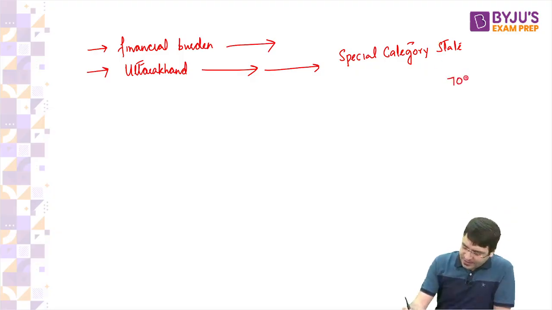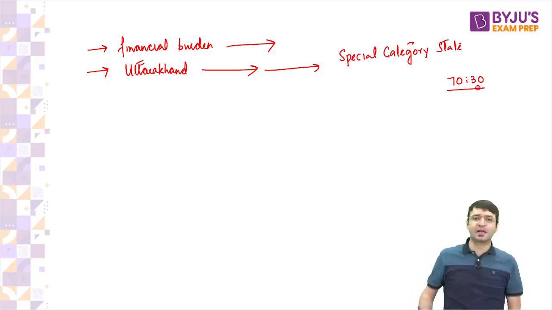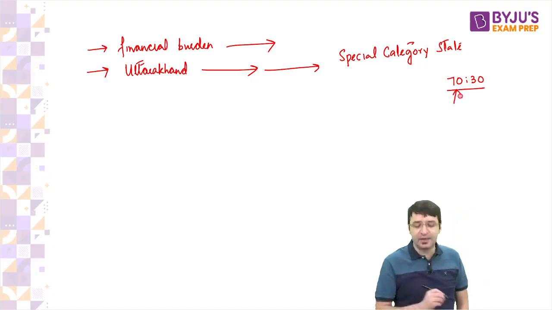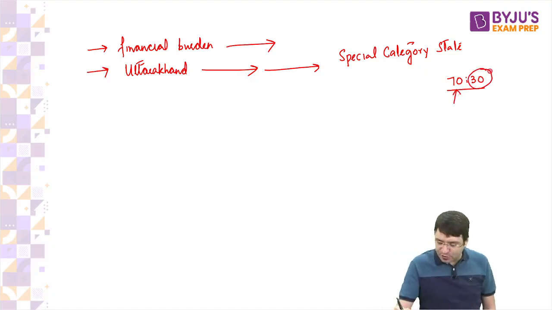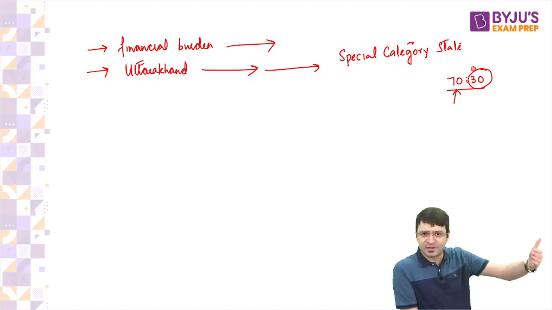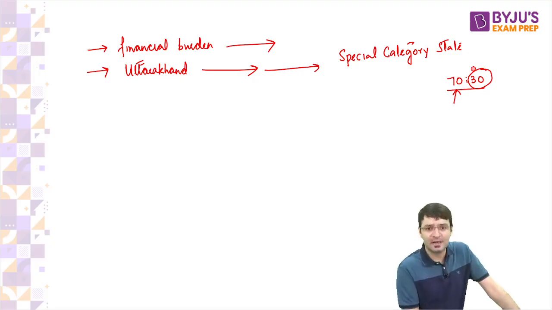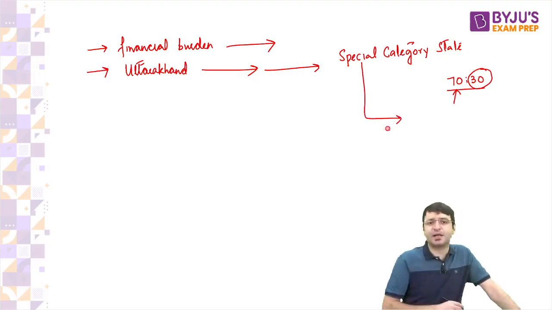For all the states, the contribution of the central government to implement that scheme is 70%, but the states will have to contribute 30% of the funds. For example, Ayushman Bharat, any centrally sponsored scheme: 70% of the funding will be given by the center, 30% will have to be raised by the states. But for special category states, it is in the ratio of 90:10.